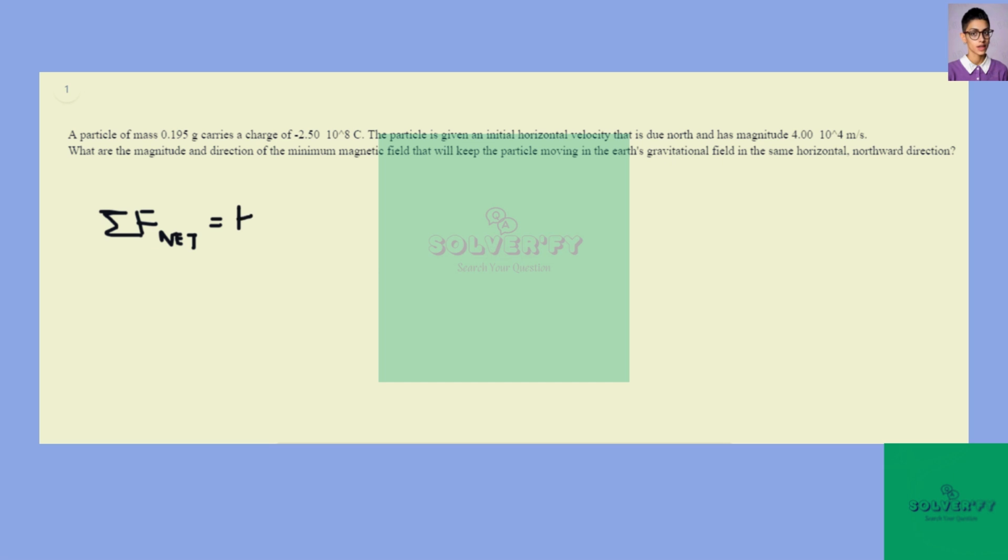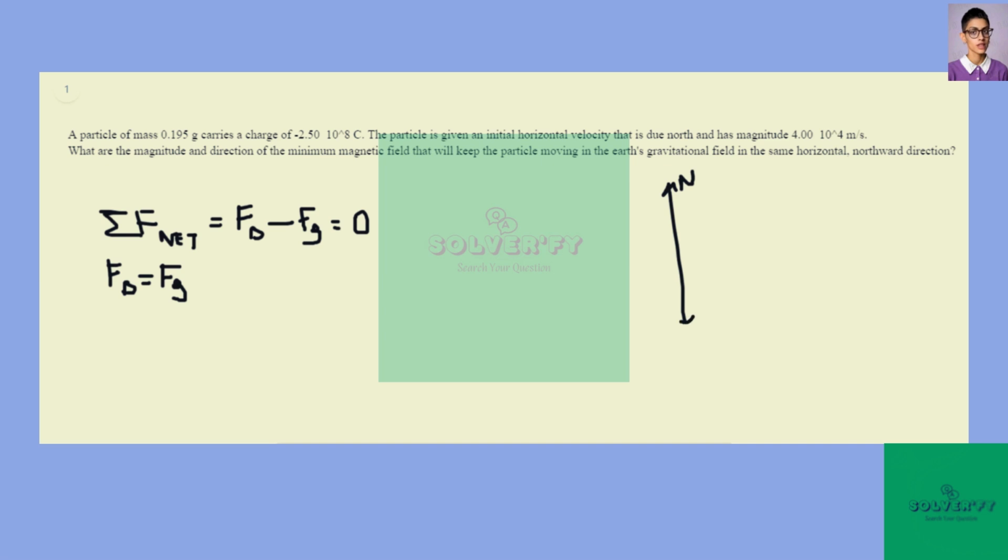So the magnetic force minus the gravitational force, because they're along opposite directions, I'm going to draw the diagram, we're going to get a better understanding, has to be equal to zero, right? This is the condition. From here, the magnetic force acting on the charge has to be equal to the gravitational force acting on the charge, which, by the way, we know what F sub g is. It's m times g.